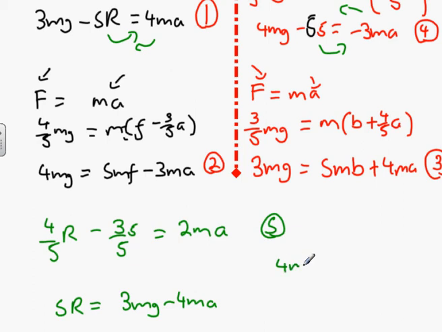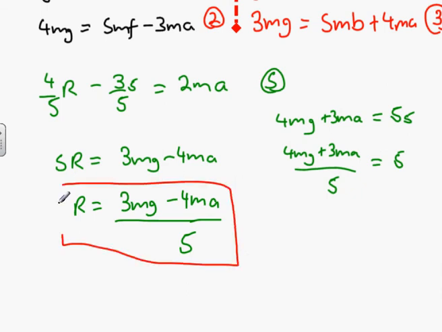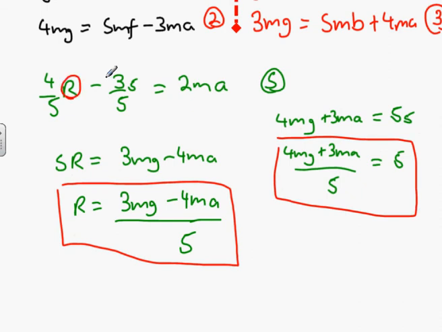So we're going to get 4mg plus 3ma equal to 5S, divided by 5: 4mg plus 3ma all over 5 equals S. These two equations here are going to end up being in here and here. Alright, let's see what happens.